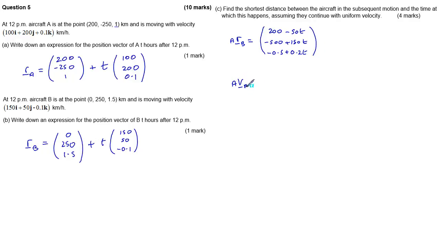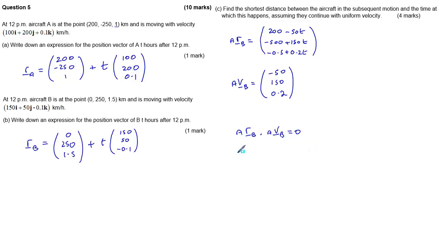Now, the velocity is dead easy to pick off. All we do is pick off the bits that multiply t, so negative 50, 150, and 0.2. And the shortest distance occurs when ARB dot AVB is equal to 0.